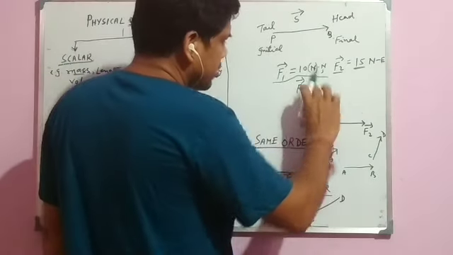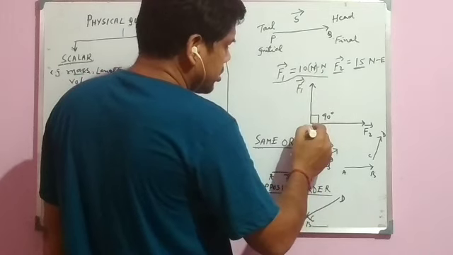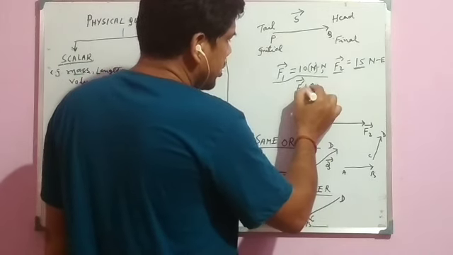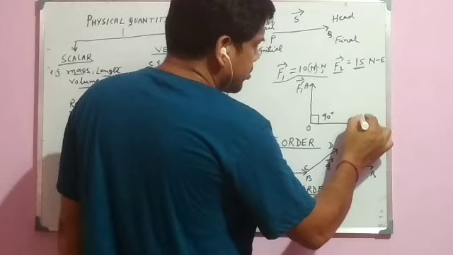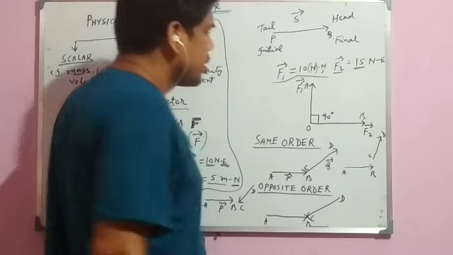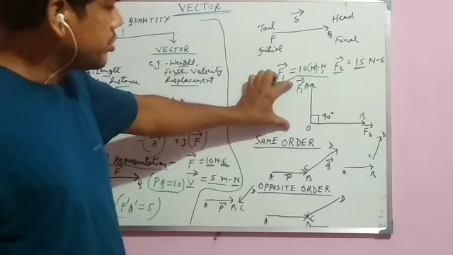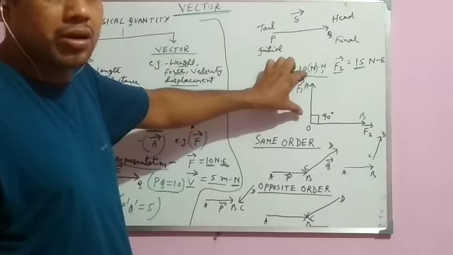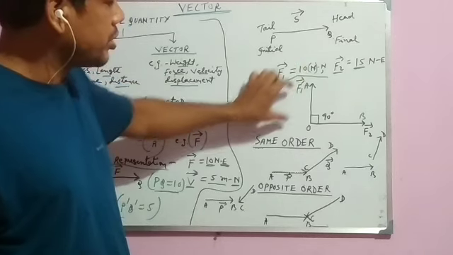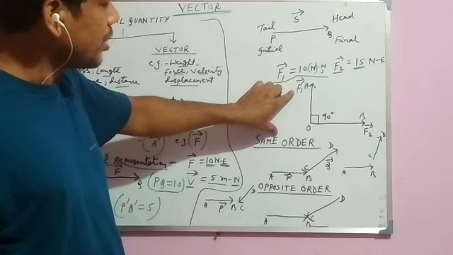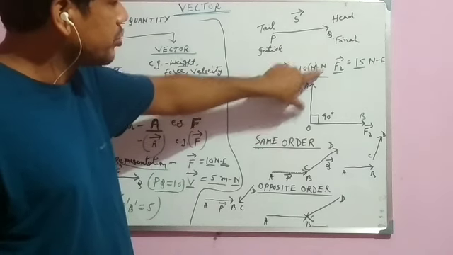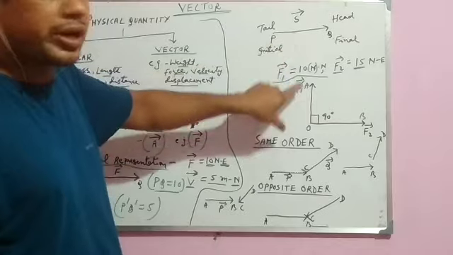For F1, let us draw points O and A, and O and B. OA represents the F1 vector, and the value of OA is 10, which gives the magnitude, and the direction is north according to the question, the arrow gives the direction.